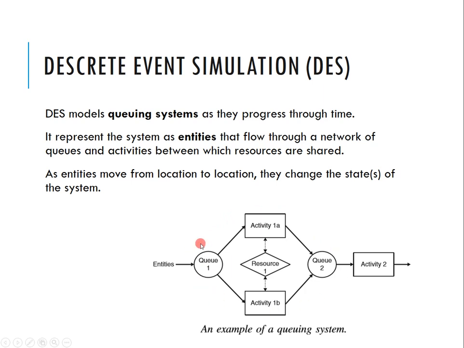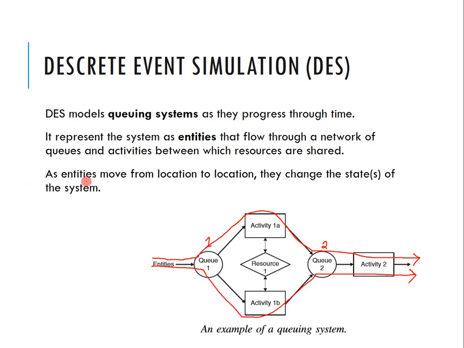You can see from this picture there are multiple queues. This is Q number 1, this is Q number 2, so there are two queue lines here. And we can see that resources are being shared among activities here. The entity, the object, can flow through this system and exit the system. It can also flow through this way and exit the system.